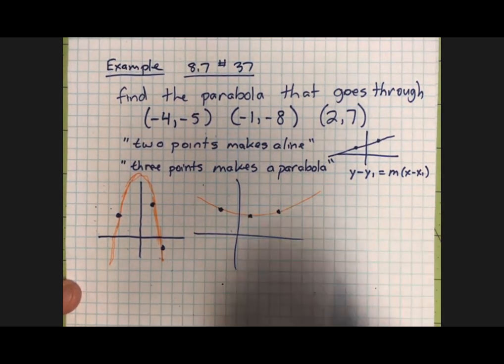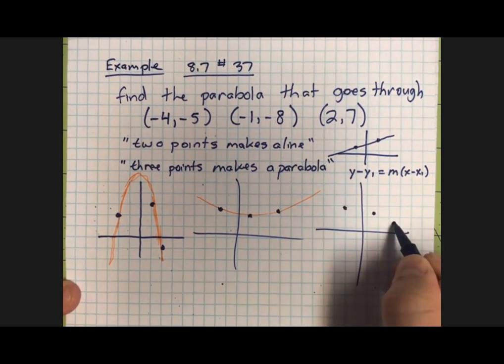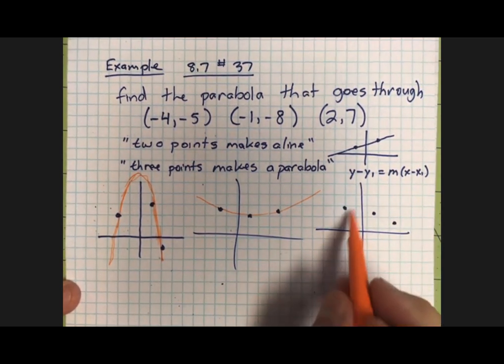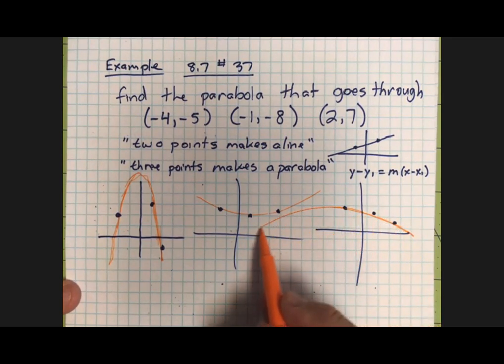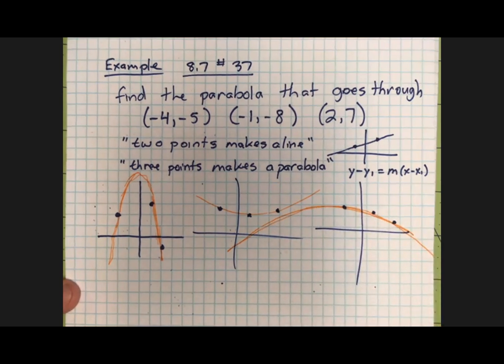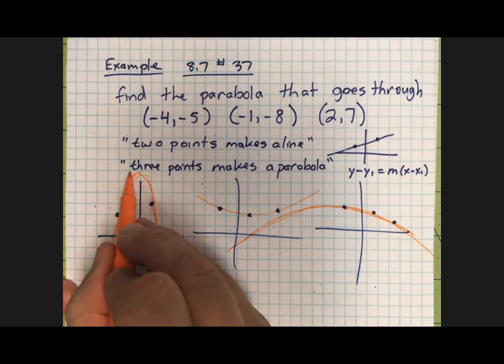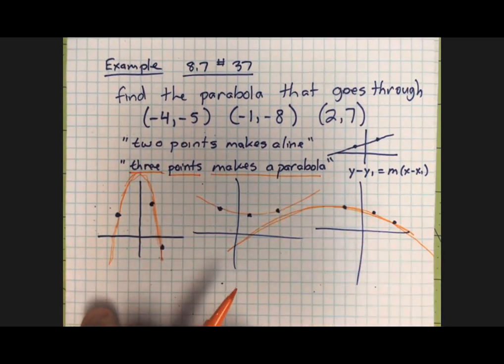Let's say you pick the 3 points like this. The parabola might be so wide and flat that it doesn't even fit on the screen. But you can take this to the bank. If you pick 3 points out, there's only one parabola that goes through them.